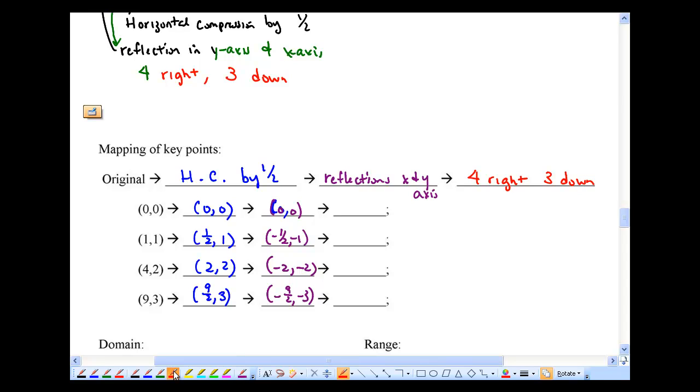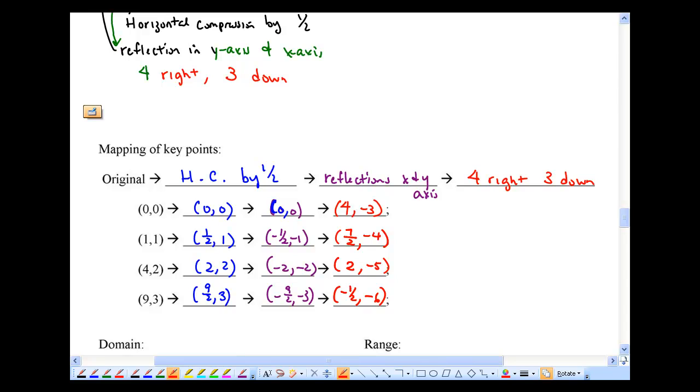And now we're going 4 right. Okay, so 4 right, 3 down. 4 right, so that's like 3.5, 7/2. 3 down. 4 right, that's +2. 3 down. 4 right, that gives me -1/2. 3 down.